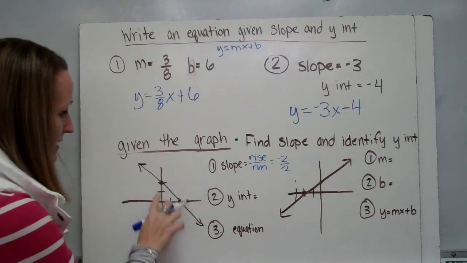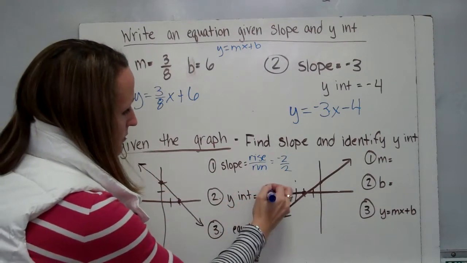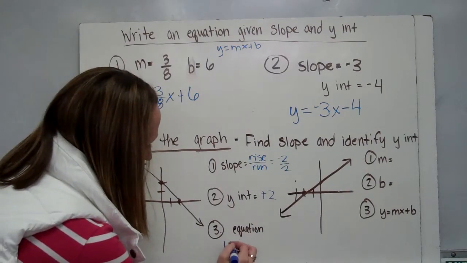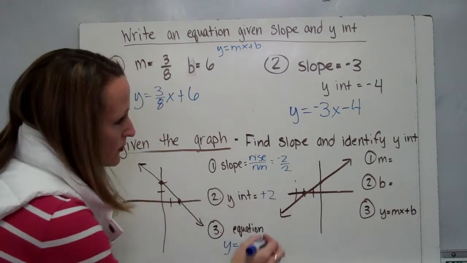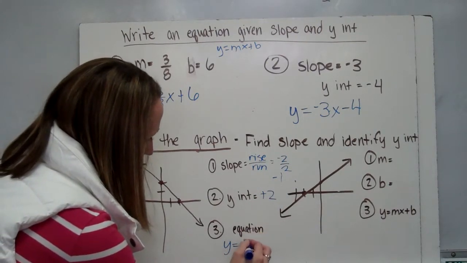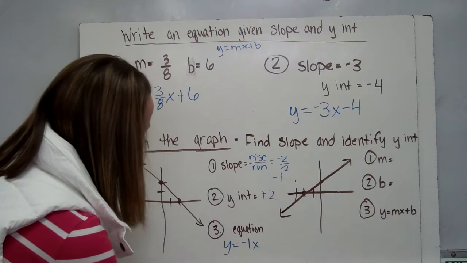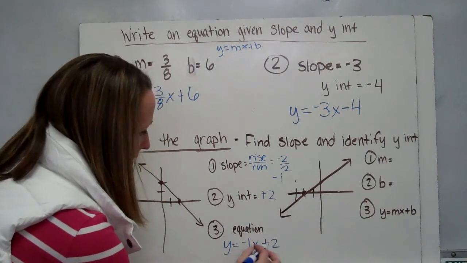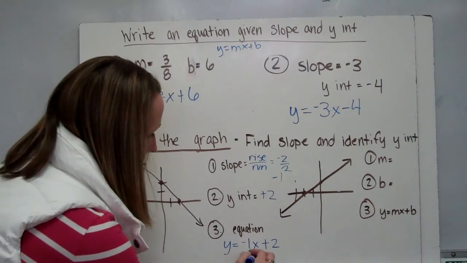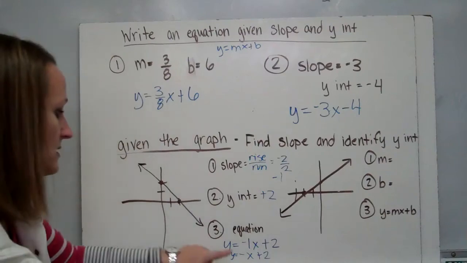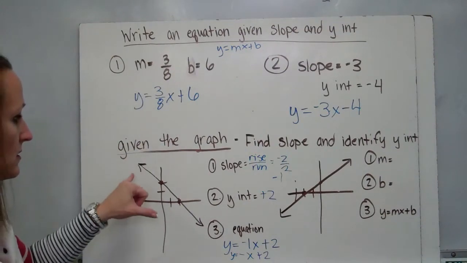Remember, here's your y-axis of +2. So my equation would be y equals, and -2 over 2 is the same as -1. So I could say -1x plus 2. I could also just call this -x plus 2. Because remember, you don't actually have to write a -1.